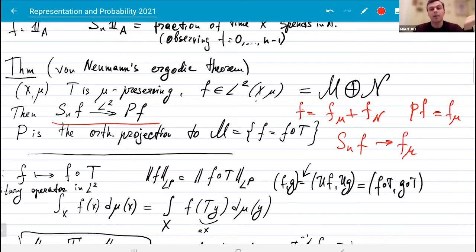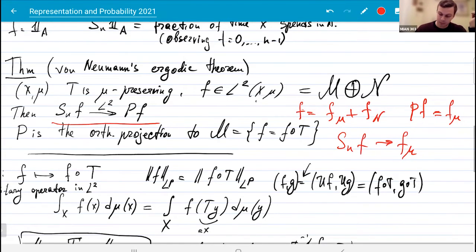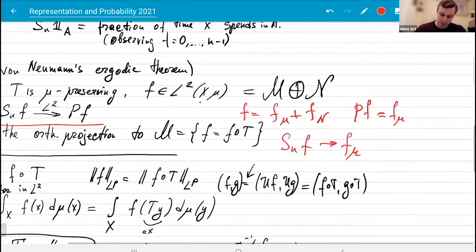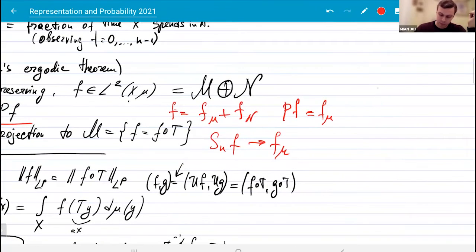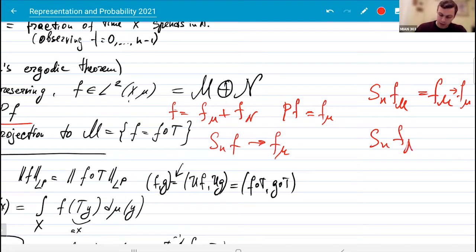Part 1. Consider Sn of fM. And this is just fM, and so there is a convergence to fM. The second part is, it remains to prove that Sn of fN converges to 0.